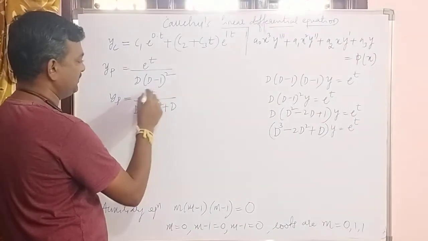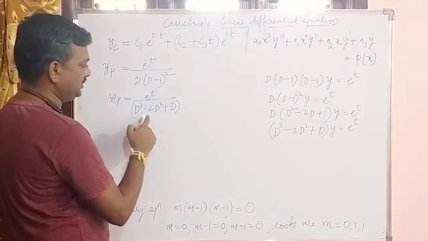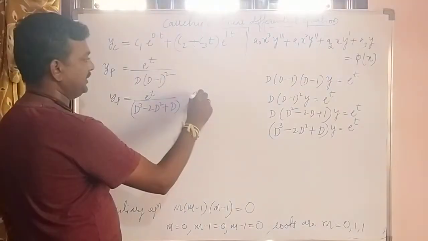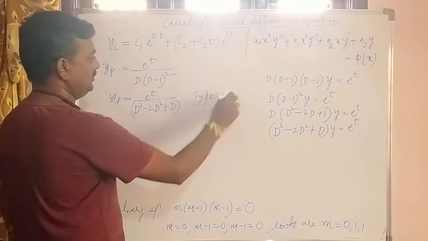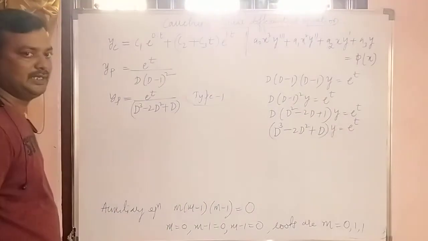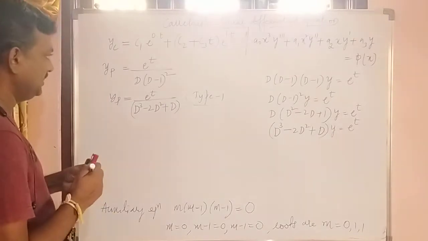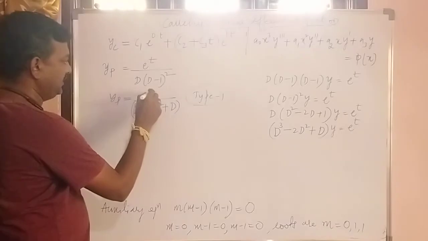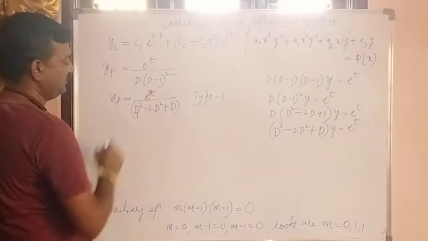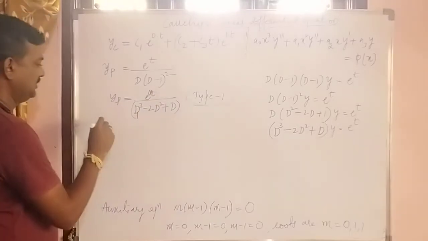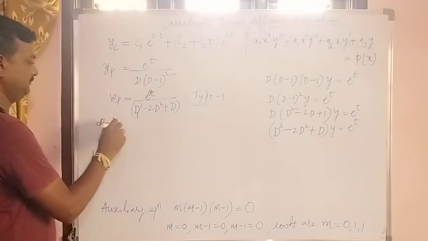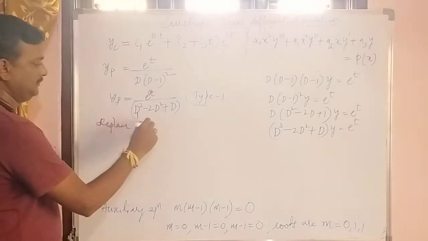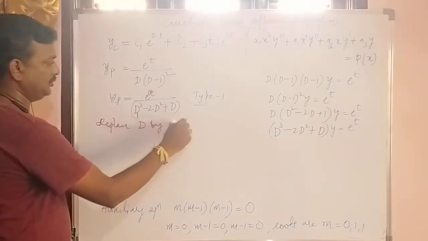This is exponential divided by a function of d, a type 1 example. How do we solve a type 1 example, students? It is solved by replacing the d in the denominator by the coefficient of t, which is 1. So replace d by a is equal to 1.